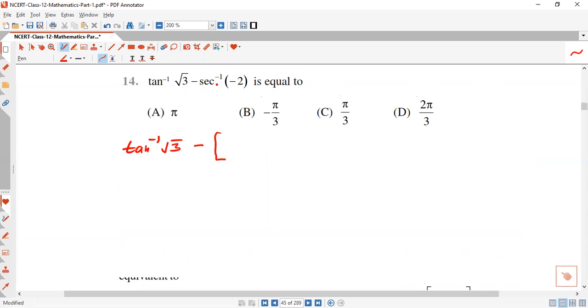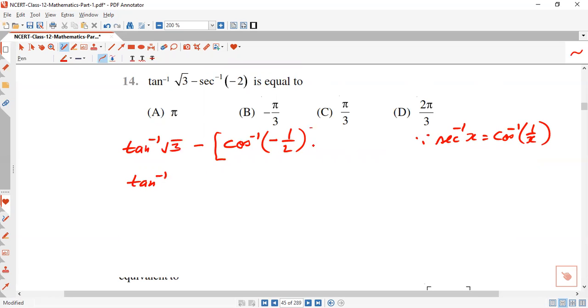Sec inverse can be written as what? Since you know sec inverse x equals cos inverse 1 upon x, because sec and cos are reciprocals of each other. So we write down here cos inverse of, this minus is there, no doubt, not 2, minus 1 by 2.